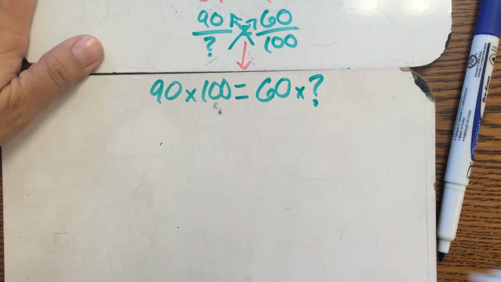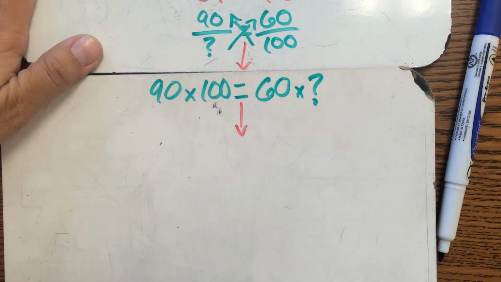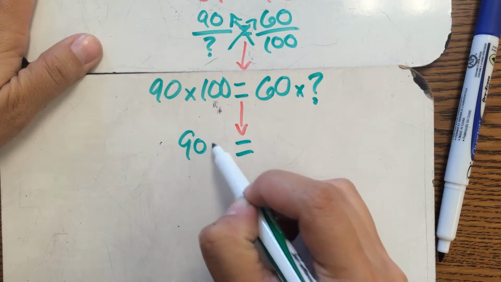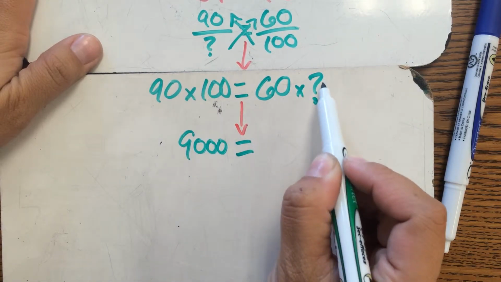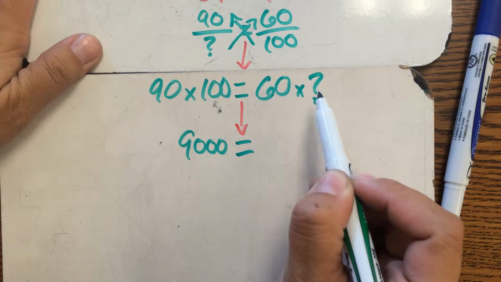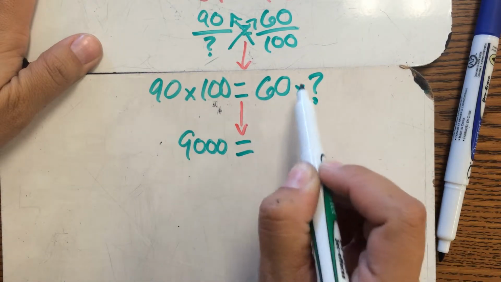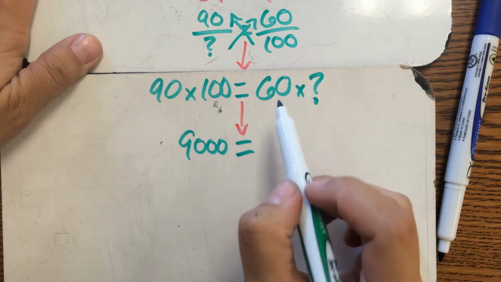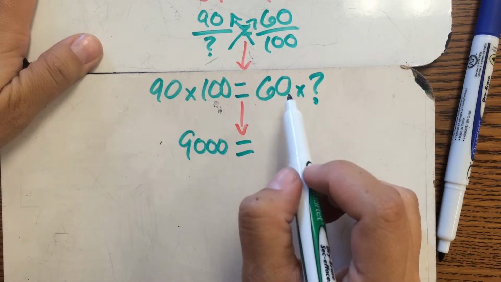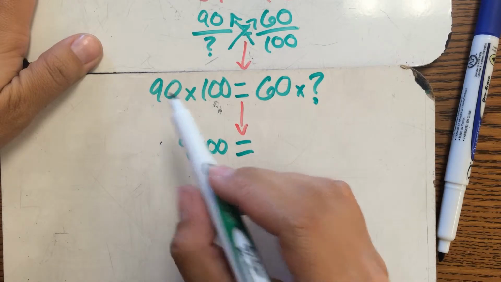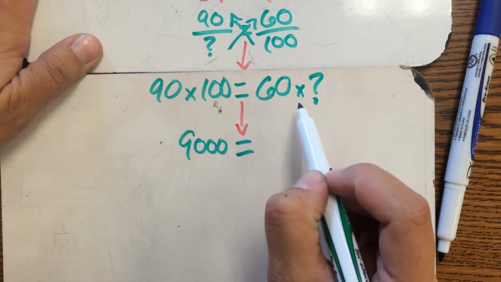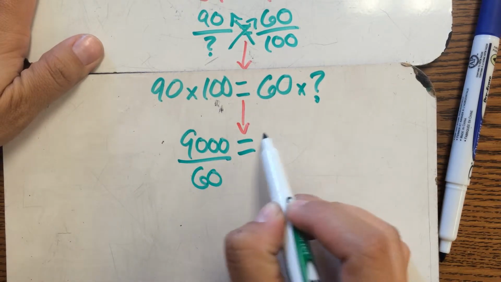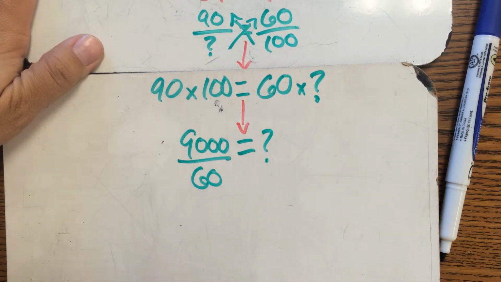Let's keep going. $90 times 100 is 9,000. In order to isolate the unknown factor, we have to move this 60 to the other side of the equal sign. Anytime we move a number from one side of the equal sign to the other side, we reverse the operation. So instead of times 60, it's going to be divided by 60 equals question mark.